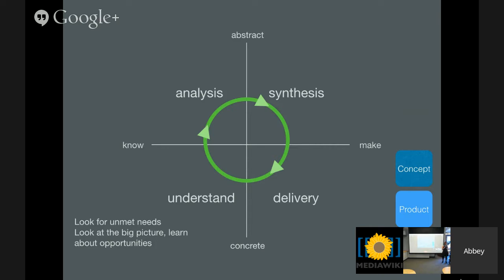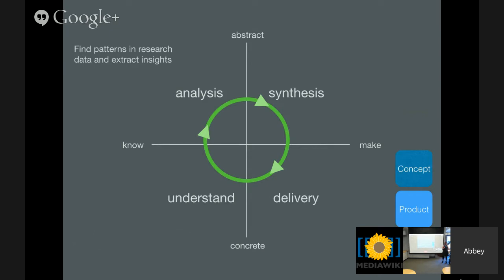And so you look for unmet needs, you look at the big picture, you learn about opportunities, and then you kind of move around to trying to know more about that, and you're getting kind of abstract now. You have all this data from the research you've done, from looking at what's existing, from trying to understand unmet needs, and you look in all that data and all that research and find patterns there.